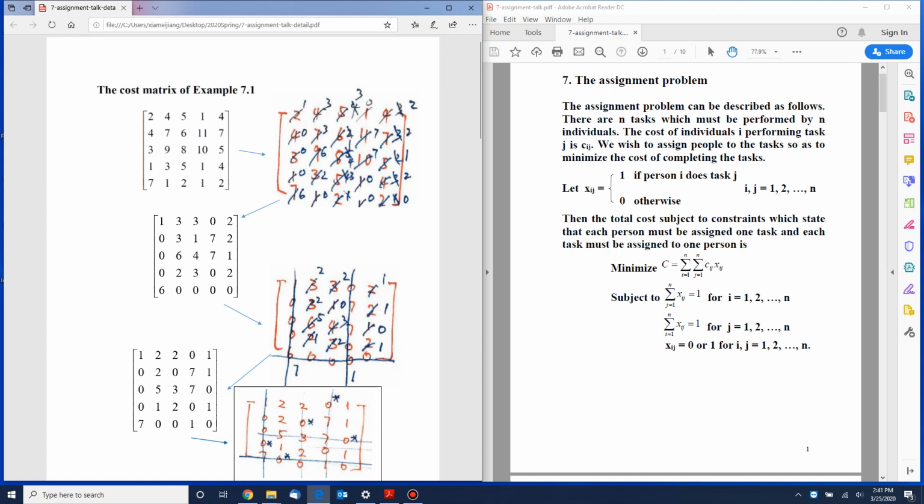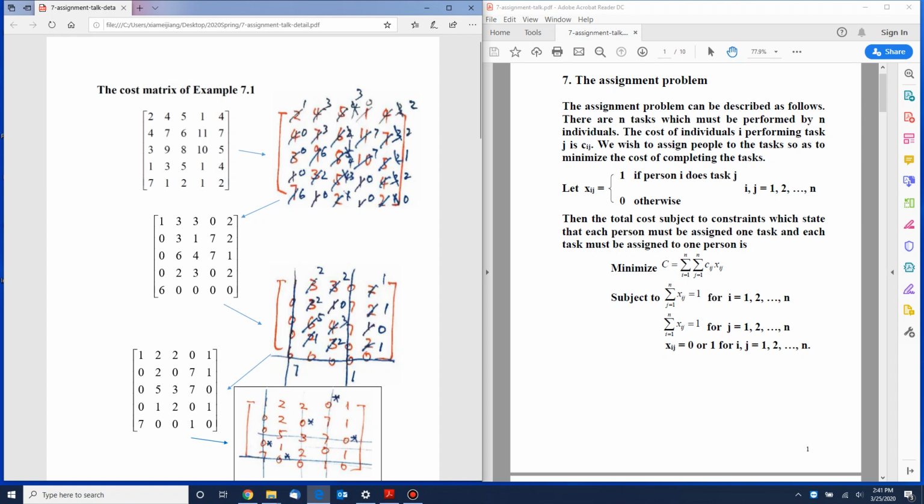So for this LP problem, the solution x_ij for each basic or non-basic variable is either 0 or 1. If the person i didn't take job 1, then x_i1 equals 0.